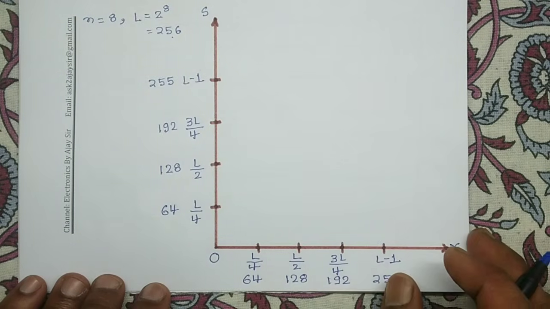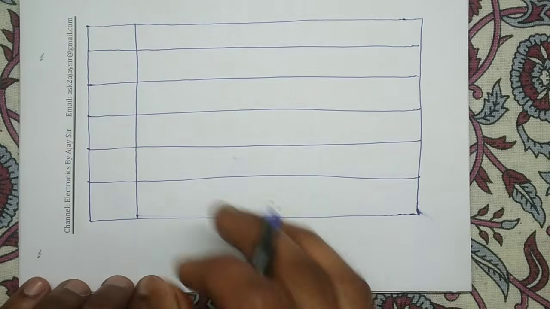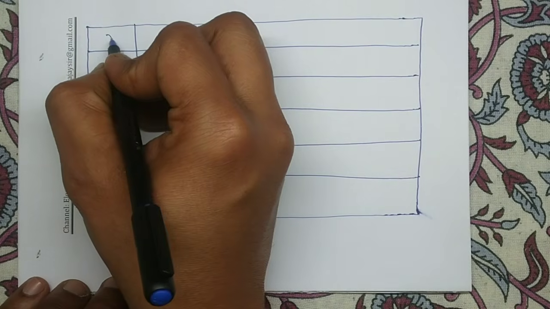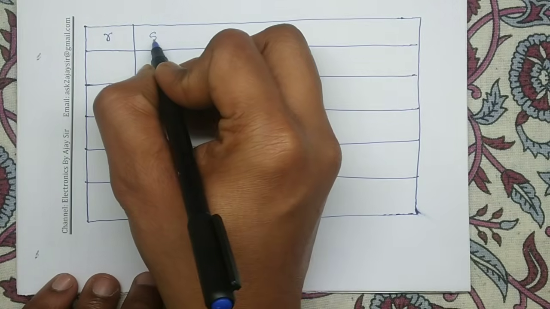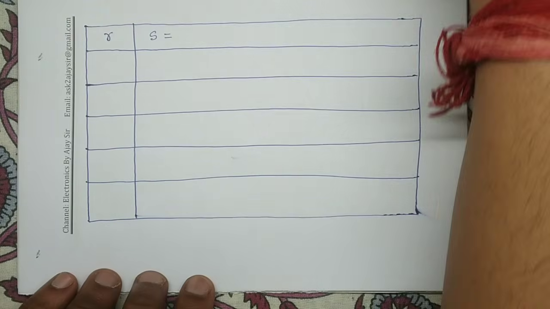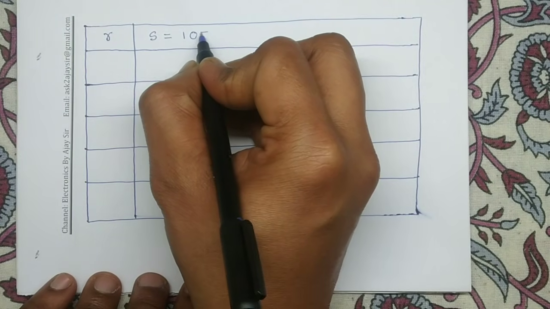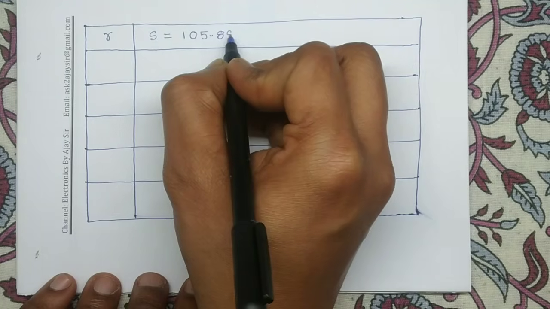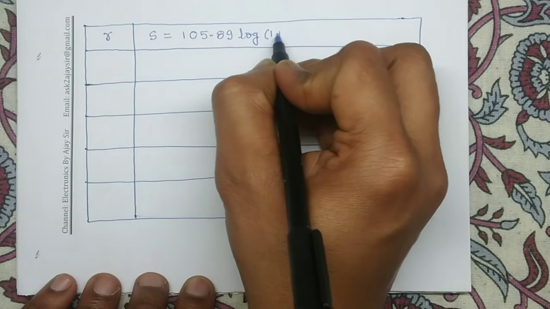Next, we will draw a simple table. This side, we will write R, that is my input intensity level. And this side, we will determine the output intensity level S. And the equation of S that we obtained was 105.89 log(1 plus R).